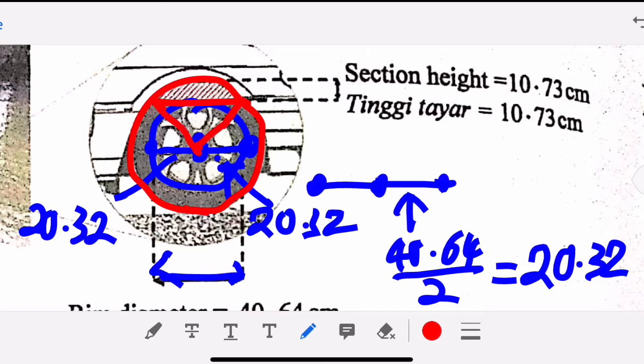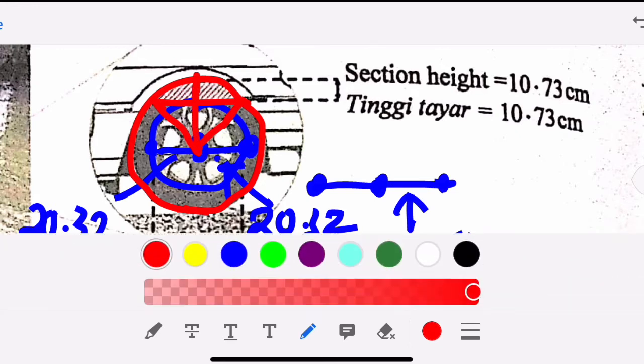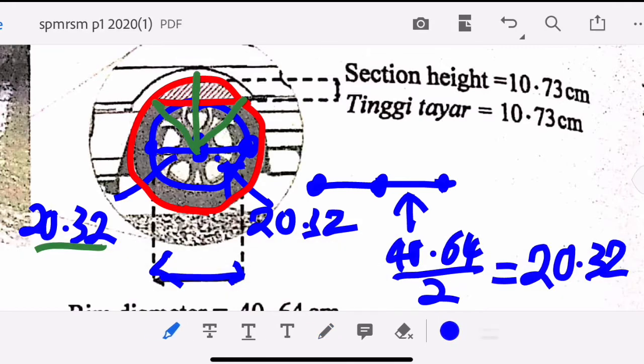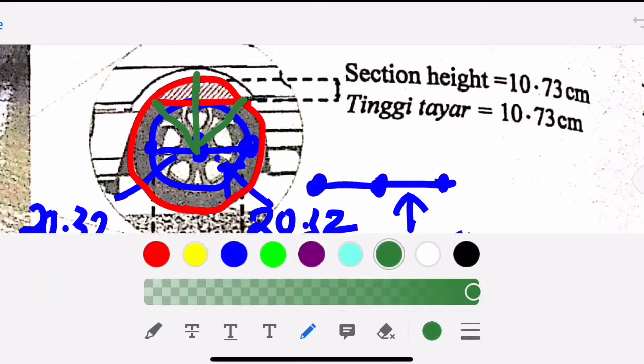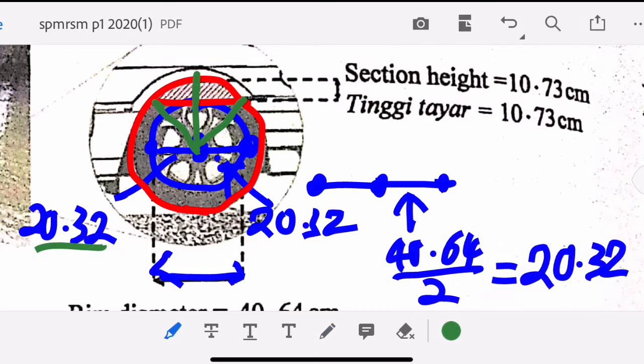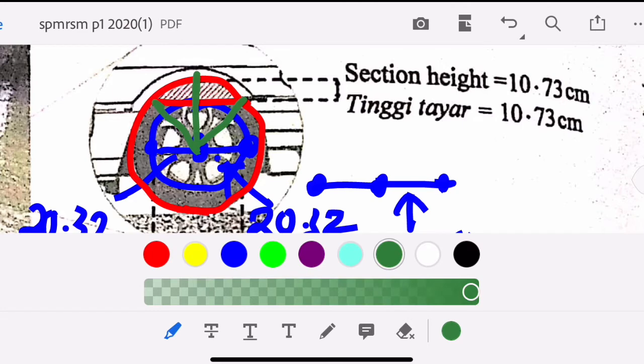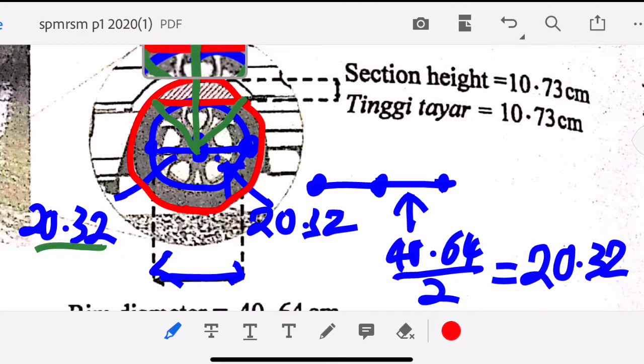So it's not the same as 20.32. Let's draw the line here. We will take the 20.32, which is the length here. All the green ones are the radius. So I'm going to focus on this part.